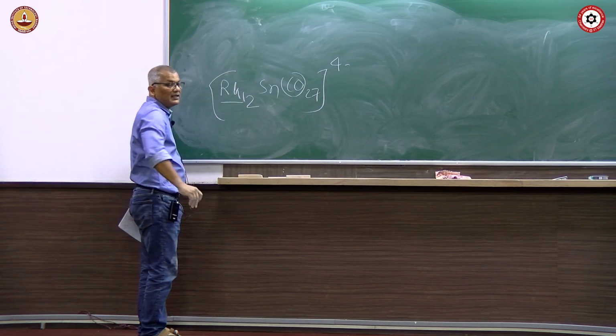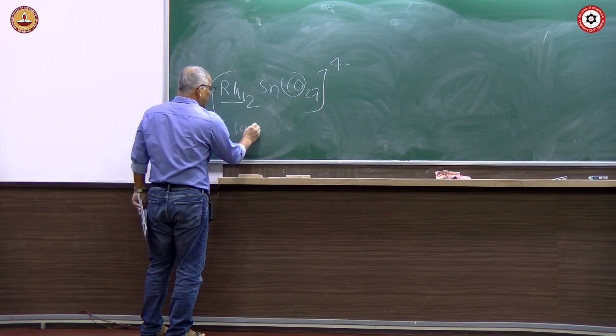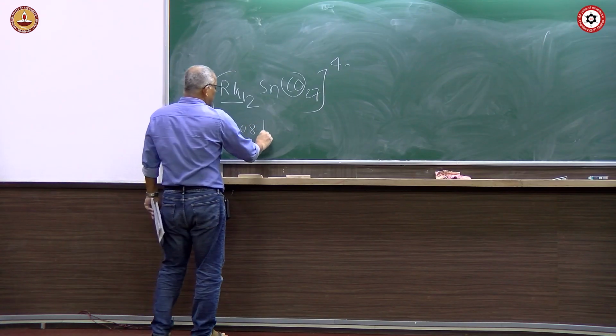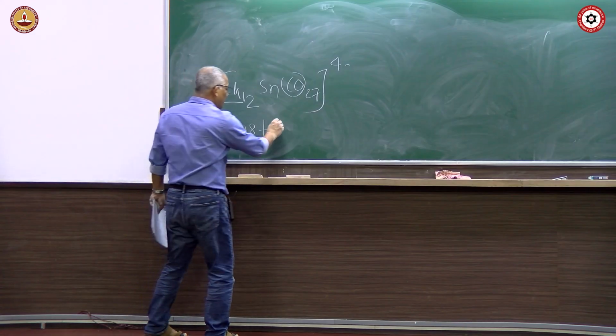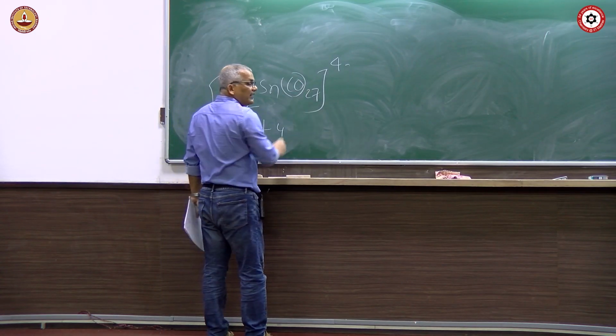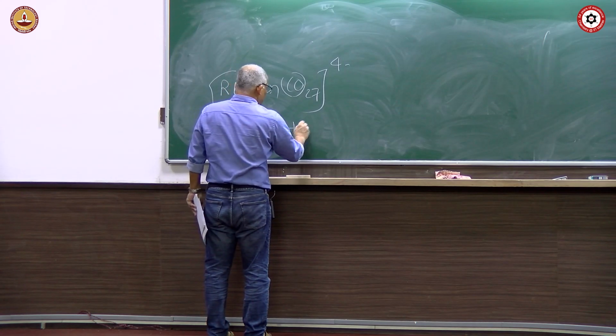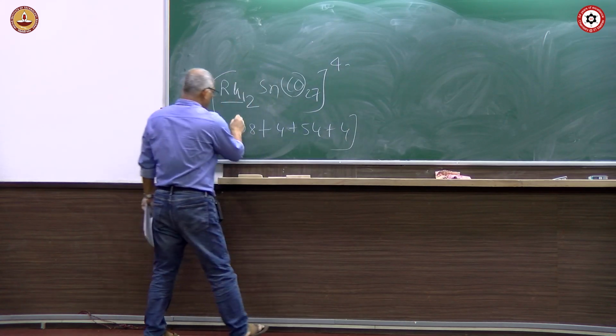Rhodium 12 means 9 times 12 is 108. Tin equal to what? Tin is in the group 4 family. 4. Then 27 into 2, 54 plus 4 electron. What is the total?